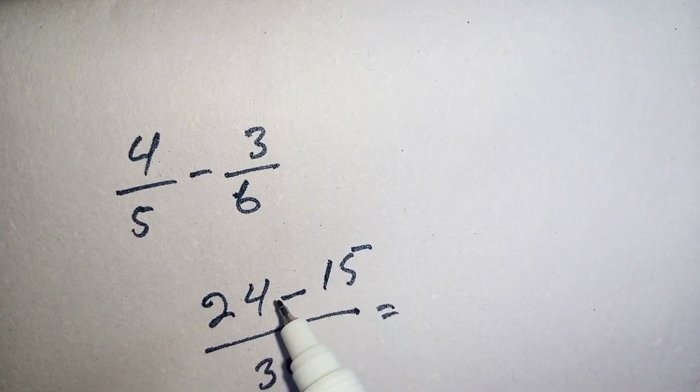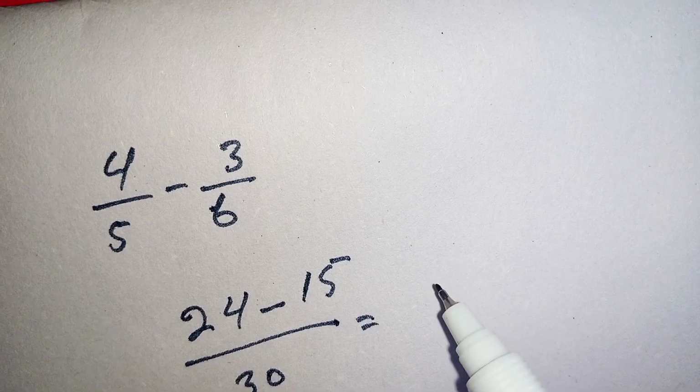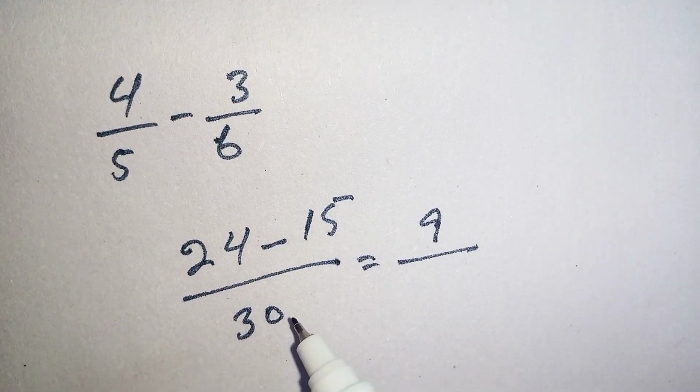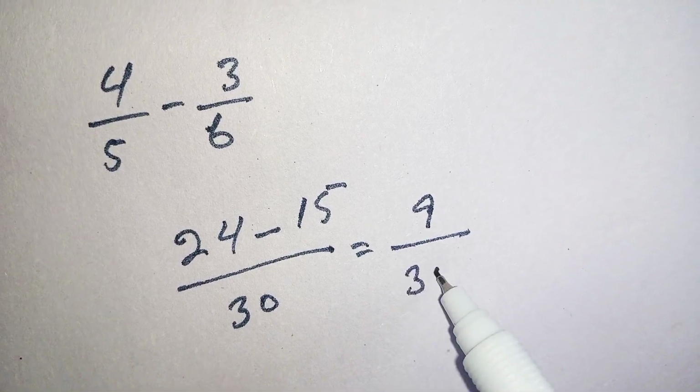So subtract 15 from 24, which is equal to 9, and write the denominator the same, which is 30.